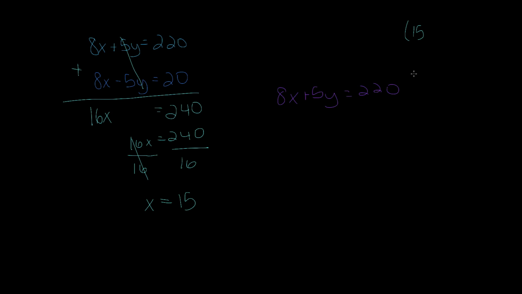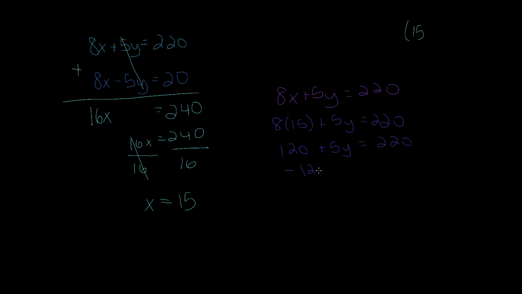And now we're just going to solve for this. So we have 8 times x, which is 15, plus 5y is equal to 220.